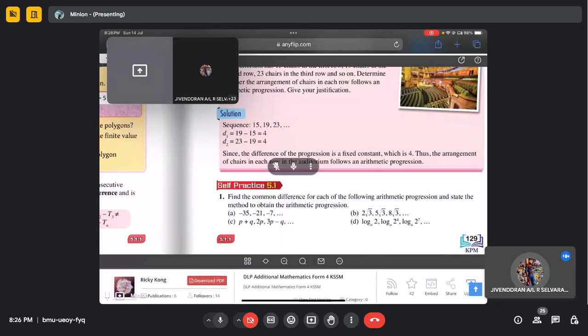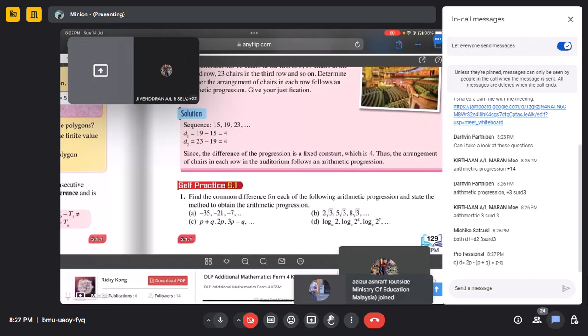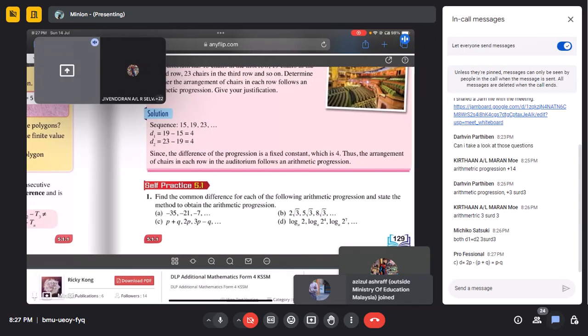Who wants to try C? C is P plus Q, and then 2P, and then 3P minus Q. Normal algebra only, you don't have to be scared. If you guys don't understand, I can actually show the working in my notepad.